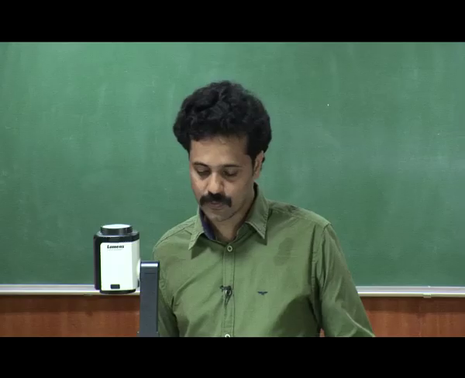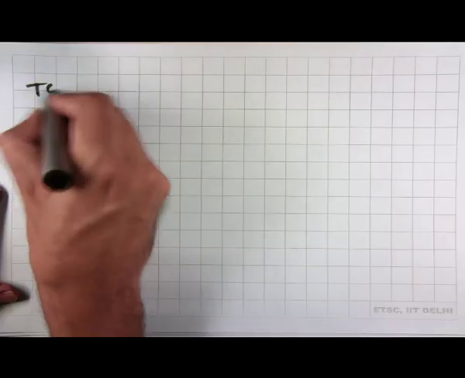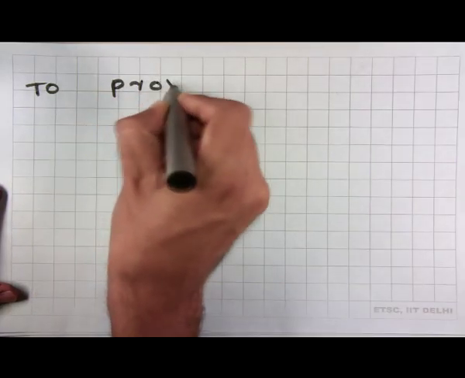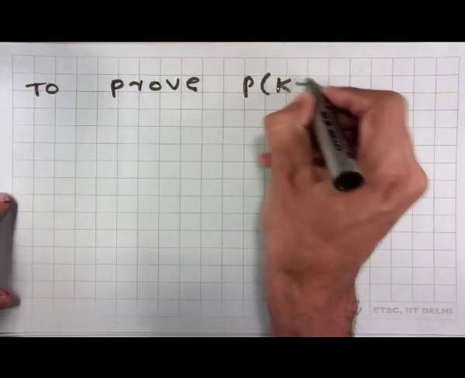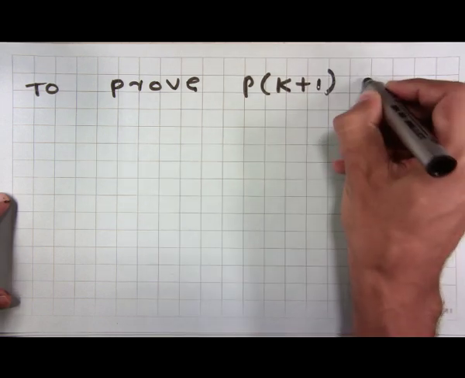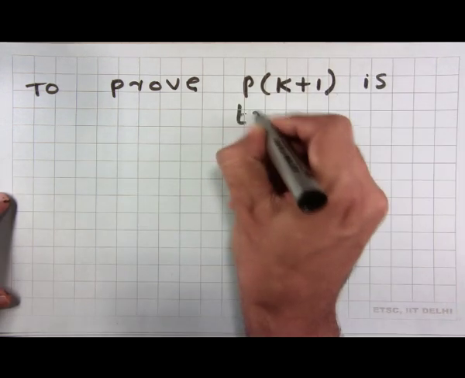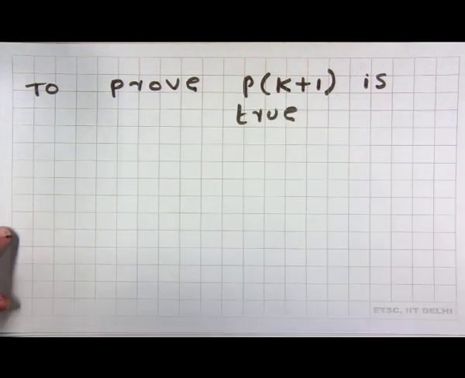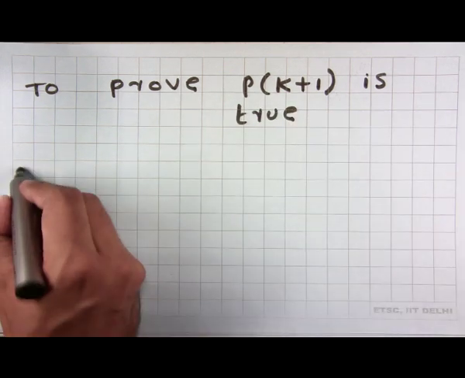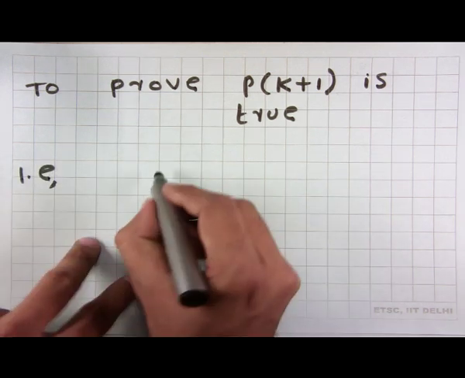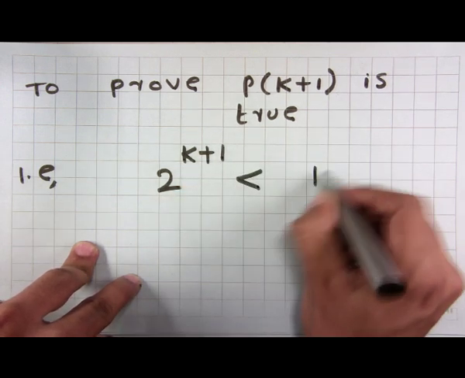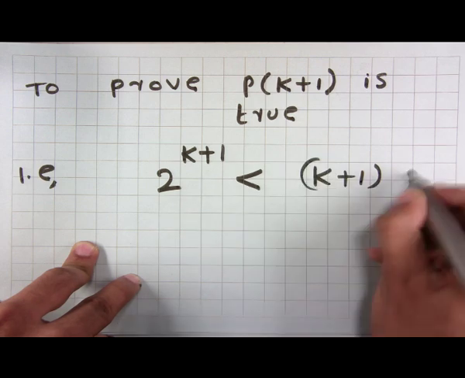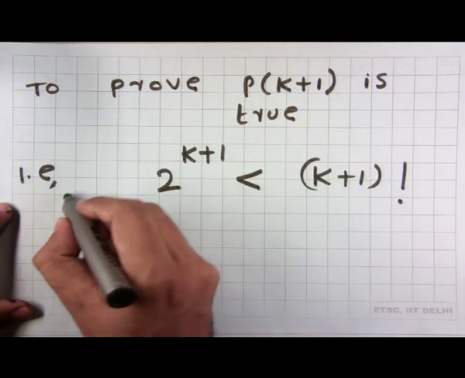We want to prove the assertion is true for k plus 1. That is, we want to prove P of k plus 1 is true. Let me write it explicitly. That is, 2 power k plus 1 is less than k plus 1 factorial. This is what we have to prove.